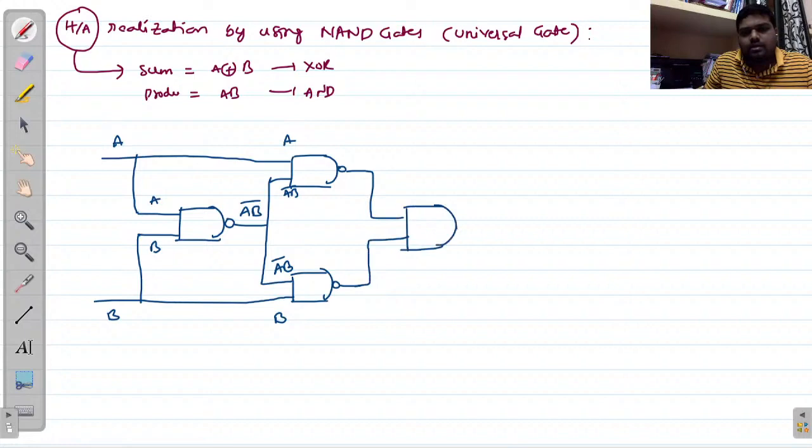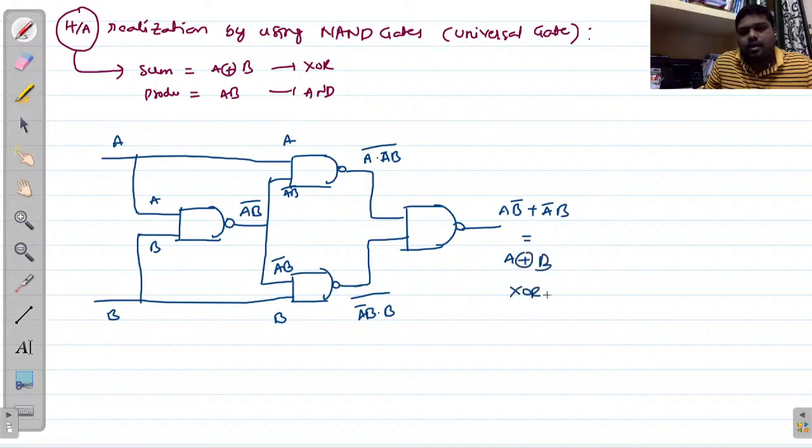So finally what you will get: A into (A B bar) whole bar, and (A B bar) into B whole bar. Finally you will get the outcome equals A B bar plus A bar B. This is your answer, which can be directly written as A XOR B.